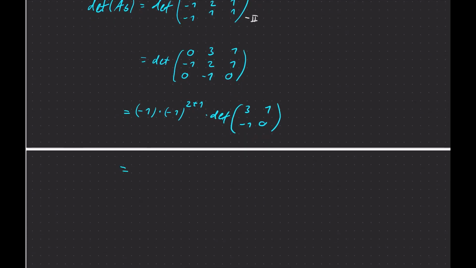Okay, so what we get is (-1) to the fourth, that's a +1, times that determinant here, which is 0 minus -1, so +1. So that is 1, and that's again positive. And that means this matrix A is a positive definite matrix.